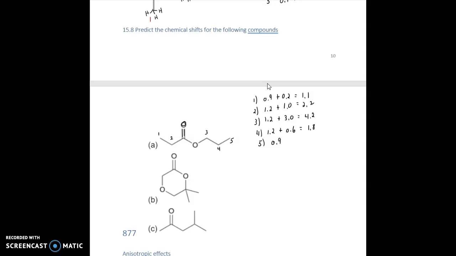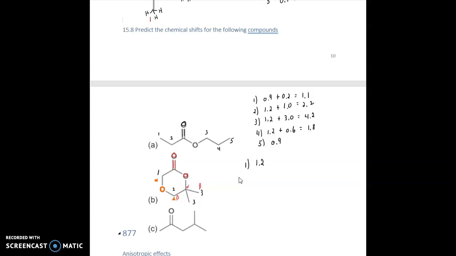So let's look at this next one. So let's look at our B compound here. There are only 3 different types of protons on this molecule. The ones at the 1 position are methylene, so they start at 1.2.